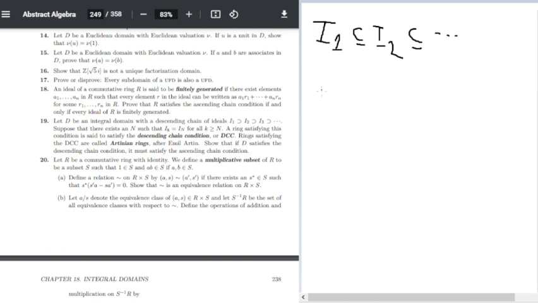So we let I be equal to the union of Ij.